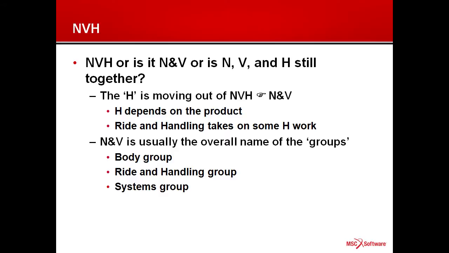There's a body group, ride and handling, and a systems group. They may even break the body up into different ones depending on the trim level in the vehicle: body in prime, body in white, trim body. Ride and handling has somewhat taken over the harshness work, so that's a separate type of analysis that goes on using Adams.